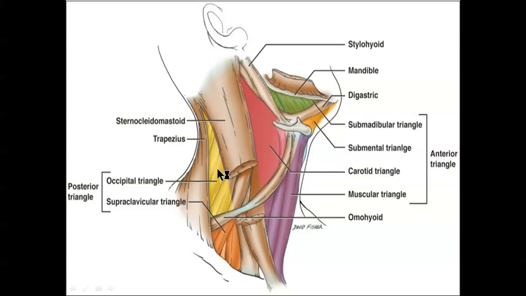It is called the occipital triangle because it's related to the occipital artery, which is in this area. Why supraclavicular triangle? We have the subclavian triangle or supraclavicular triangle because we have the subclavian artery and vessels in this area. So according to the arteries, these areas have been named.